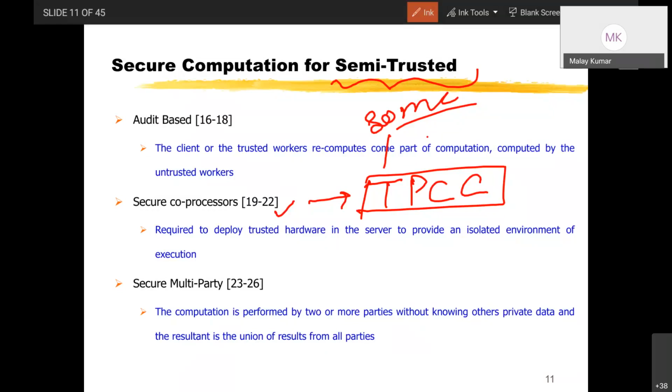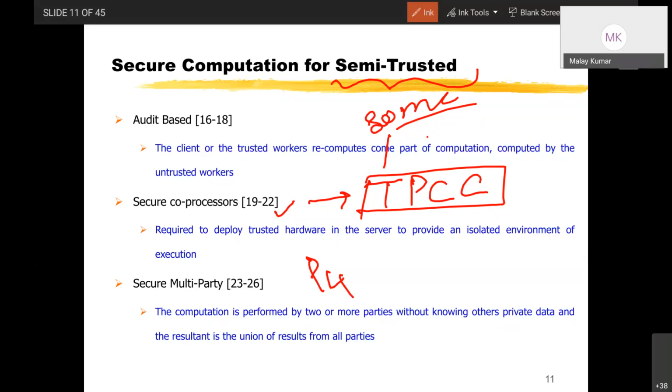The data is private to a particular party. Say there are four parties, and the data D1, D2, D3, and D4 is private to each party.